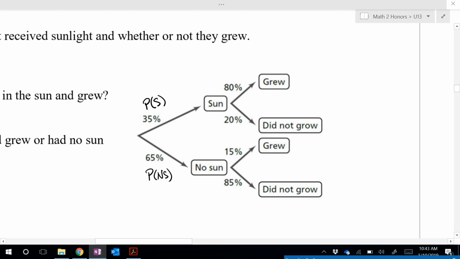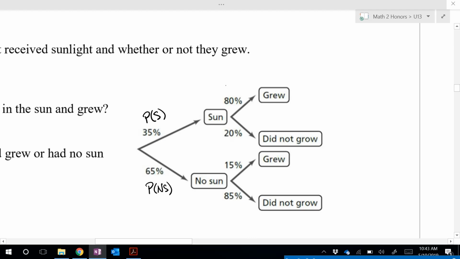You guys okay with my notation? All right. What do you think this 80% represents? The probability that it grew, but I can't say that because there's the "grew" down here as well. It's grew given that it already had sun.